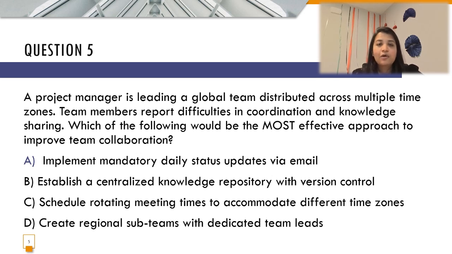So let's go by each option to get started. Option A says implement mandatory daily status updates via email. Now, email threads can be cluttered and sometimes it's pretty hard to find a certain thing that was discussed via email. So not the most effective approach. So option A is wrong.